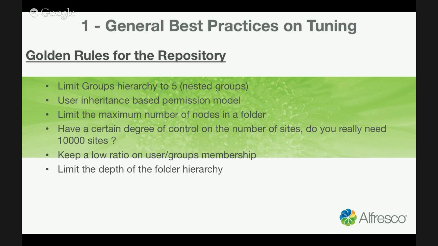There is not a hard limit on the number of sites that you can have, but what I can say is that having too many sites without needing to create that many can introduce unnecessary overhead on the overall performance and on the activities that Alfresco has to do to verify site memberships, for example.